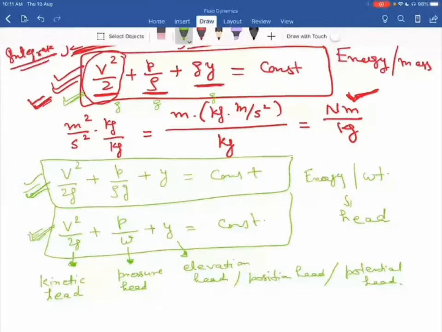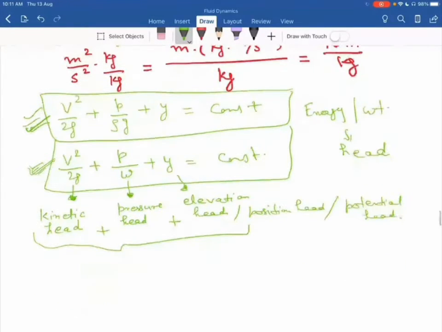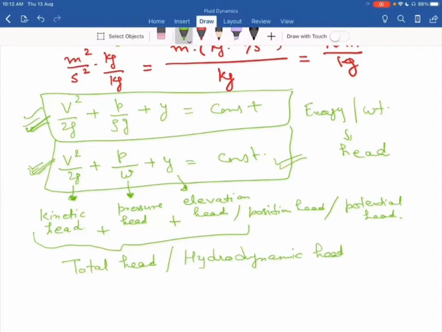Now the sum of these three we call total head. The other name is hydrodynamic head. So v square divided by 2g plus p by w plus y is total head or hydrodynamic head. This equation is another form of Bernoulli's equation.